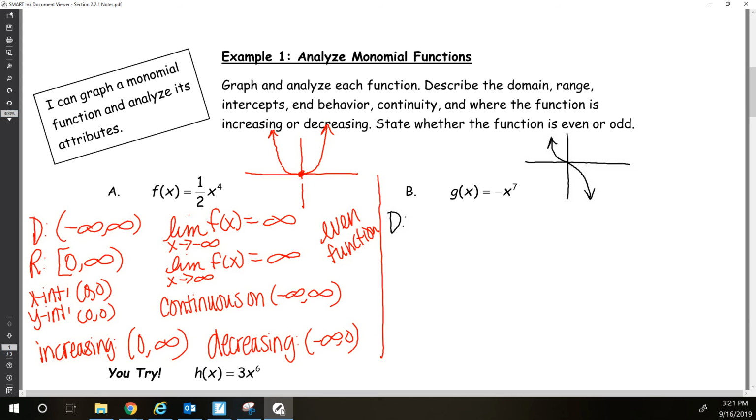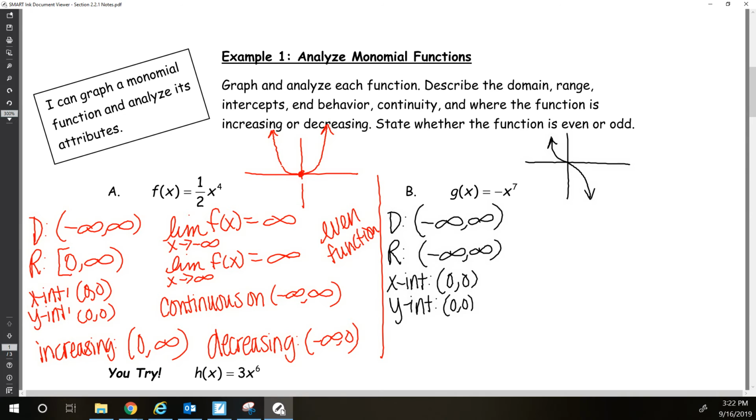So domain, this guy's going from negative infinity all the way to positive infinity. Do we have any restrictions on the range? Not this time, right? It's going down to negative infinity, up to positive infinity. All right, x-intercept. We only have one intercept. If it's a monomial, it's got to go through 0, 0. And that's also our y-intercept.